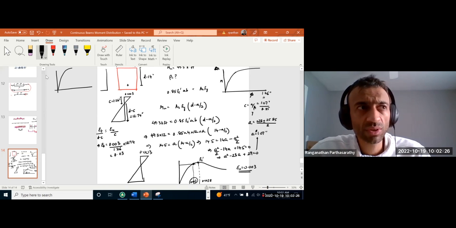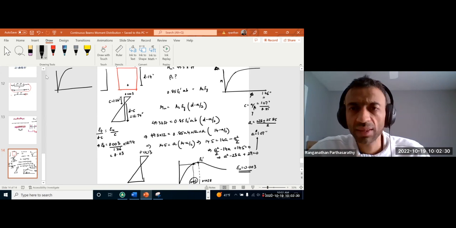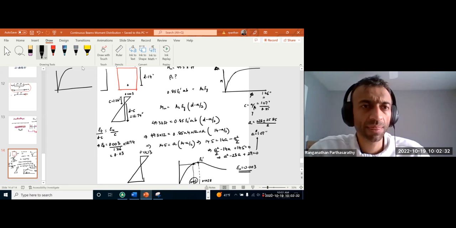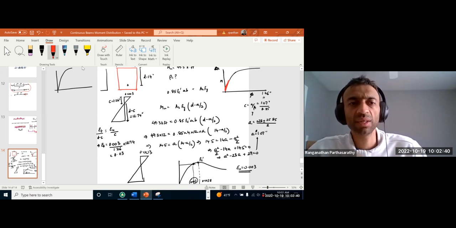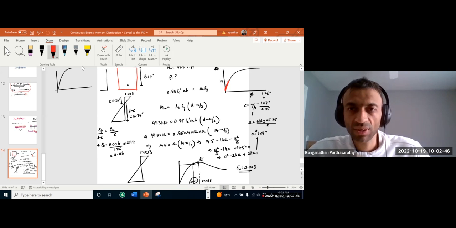So service loads on the moment curvature diagram will hardly be anywhere except maybe in this region. They will not come even close to the ultimate strength. But it is still nonlinear.